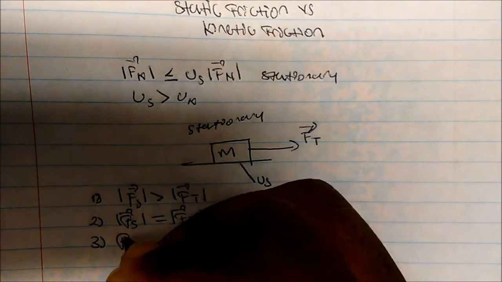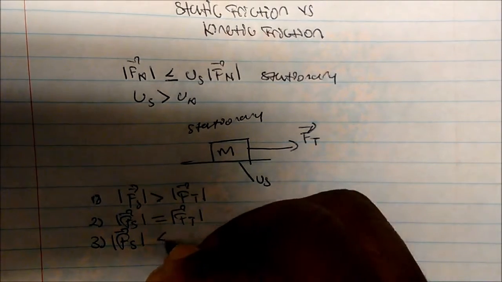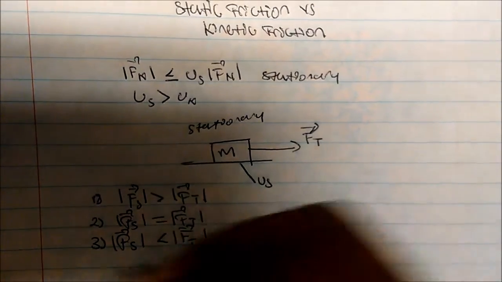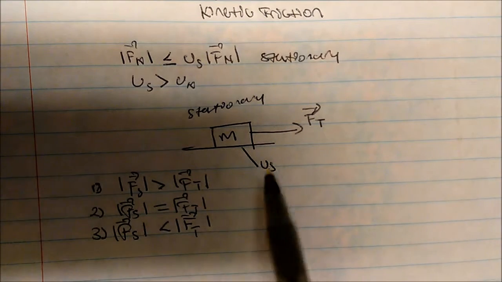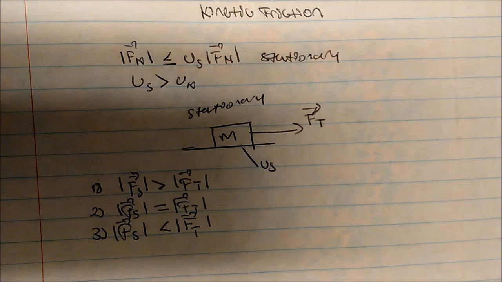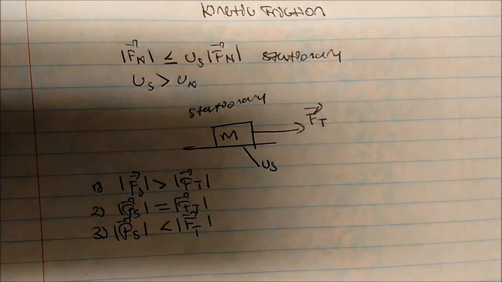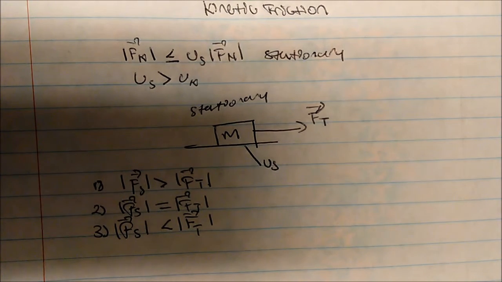Where the magnitude of frictional force is actually less than the magnitude of tension force. So which one of these options would it be? If the object is stationary, what can we assume? Can we assume that the static frictional force is greater than the tension force? Could we say the static frictional force is less than the tension force?